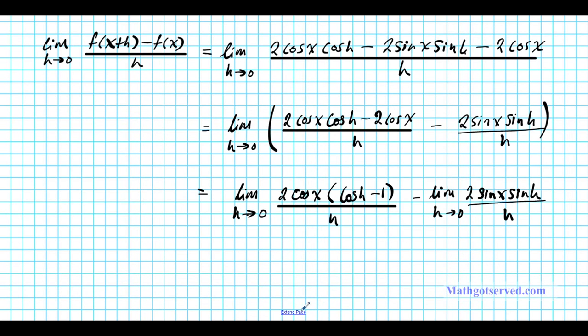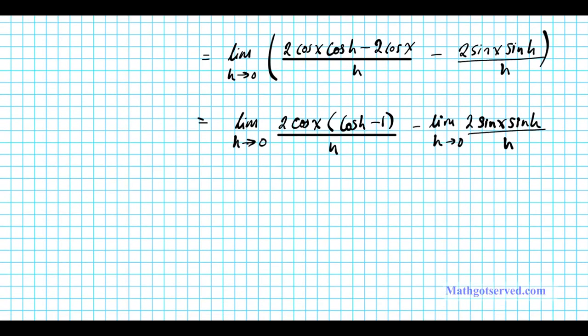Now, let's go ahead and do more factorization. One thing you want to note is that cosine x is independent of this limit. What's moving here with this limit is h, so only terms with h's attached to them are going to be impacted by this limit. So I can rewrite this as 2 cosine x, since cosine x is independent of this limit, times the limit as h approaches 0 of cosine h minus 1 over h.